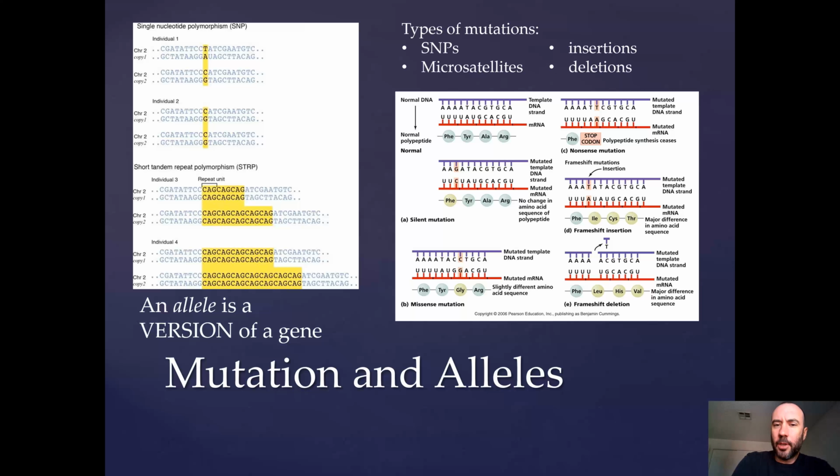So how do you get different versions of genes? Well, you get different versions of genes through mutations, and there's many different types of mutations. A mutation is a change in the genetic code, and so there are mutations called SNPs, which stands for, oh boy, let me see if I can write it on here.